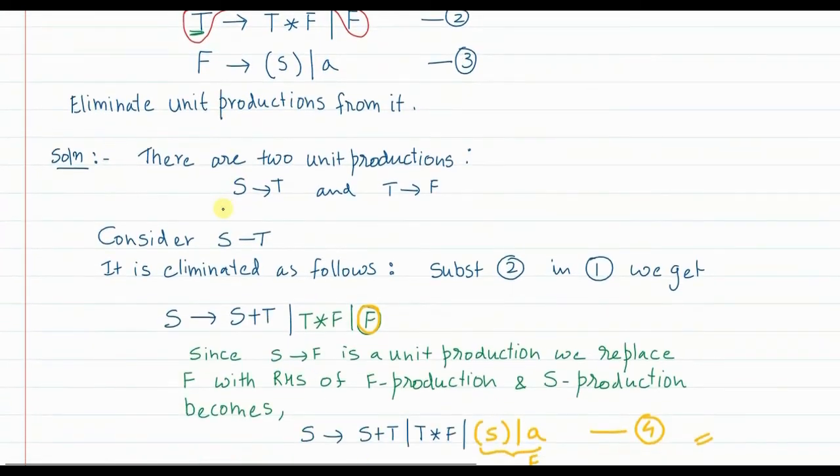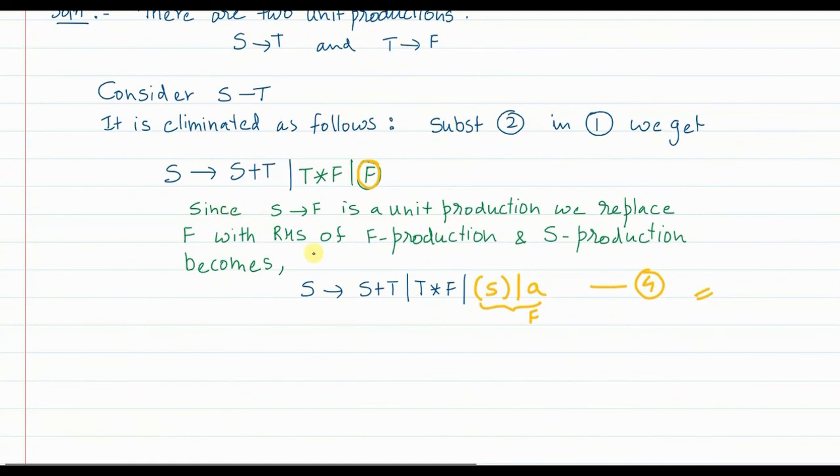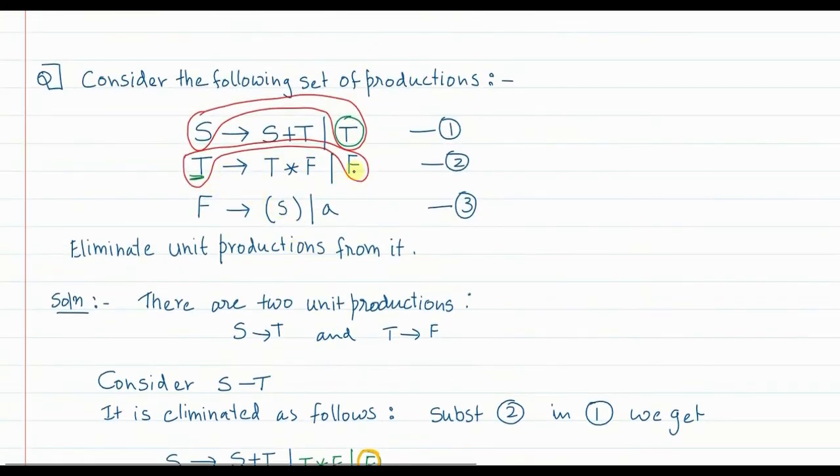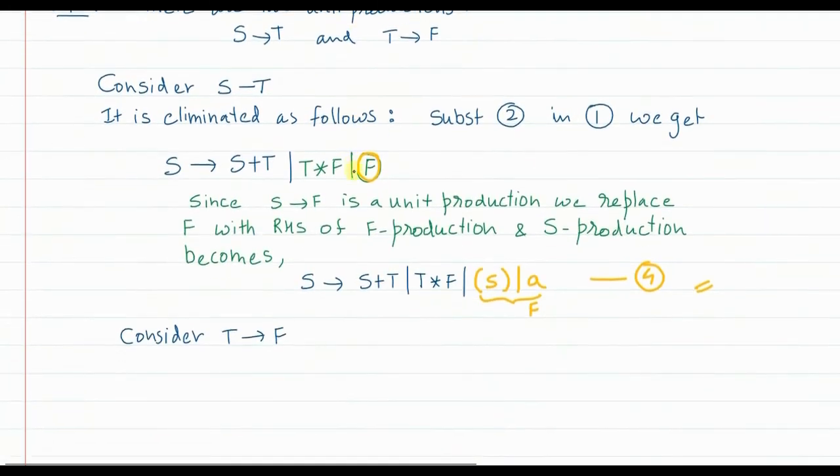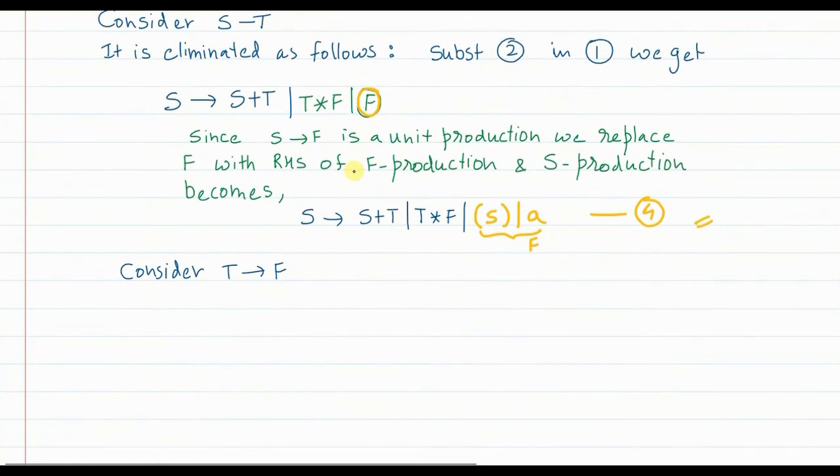Now you consider the second production, T gives F, because here T gives F is also giving a problem. It is eliminated as follows.